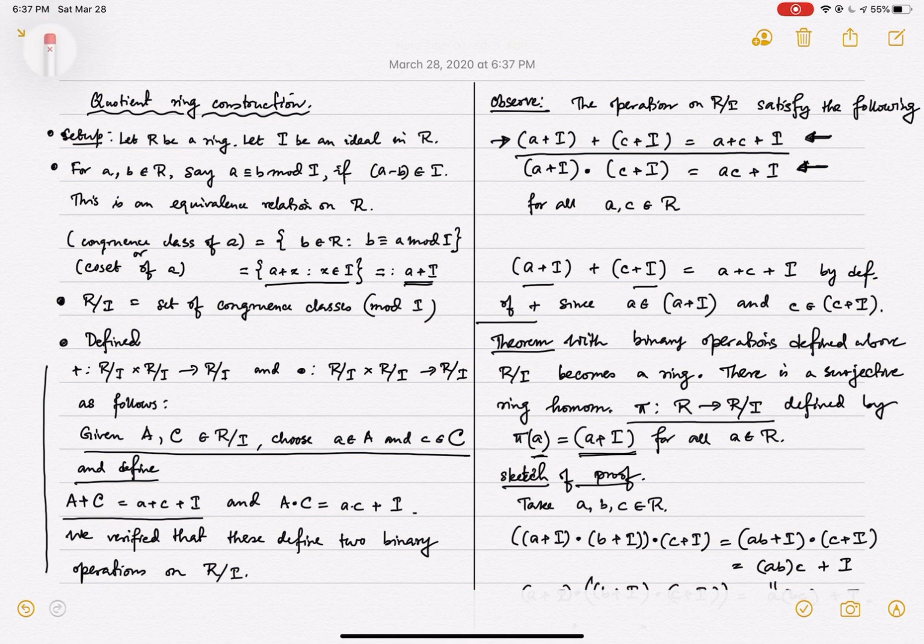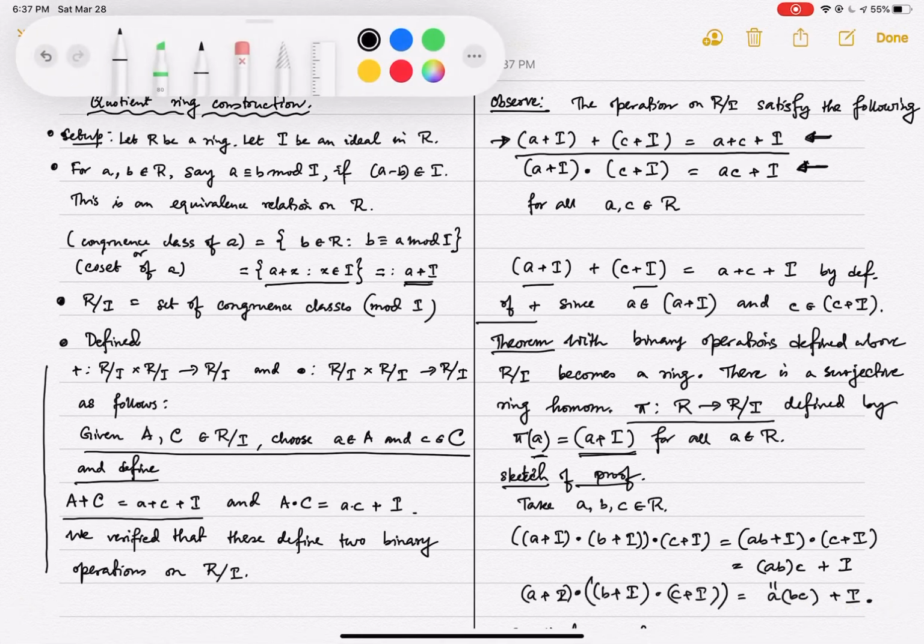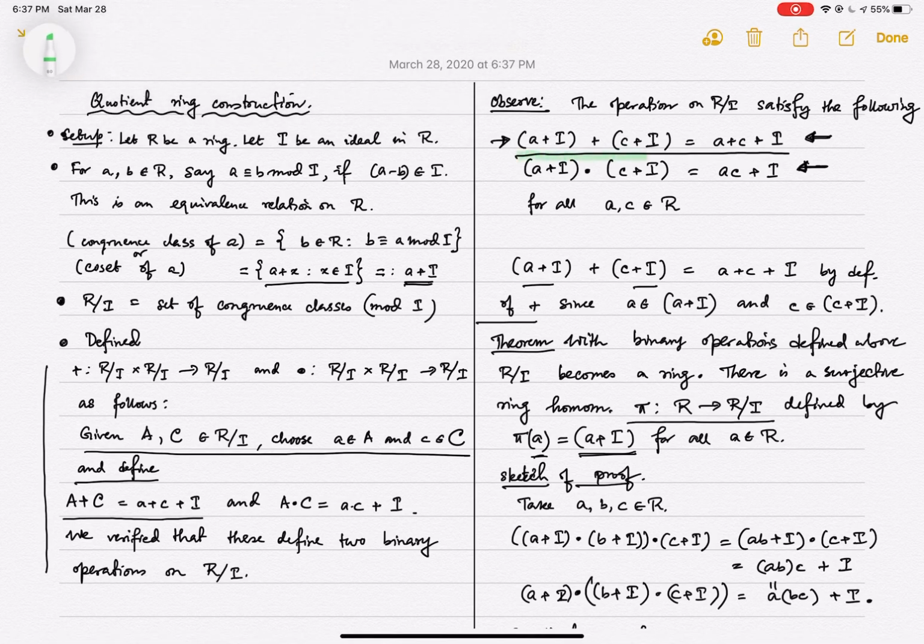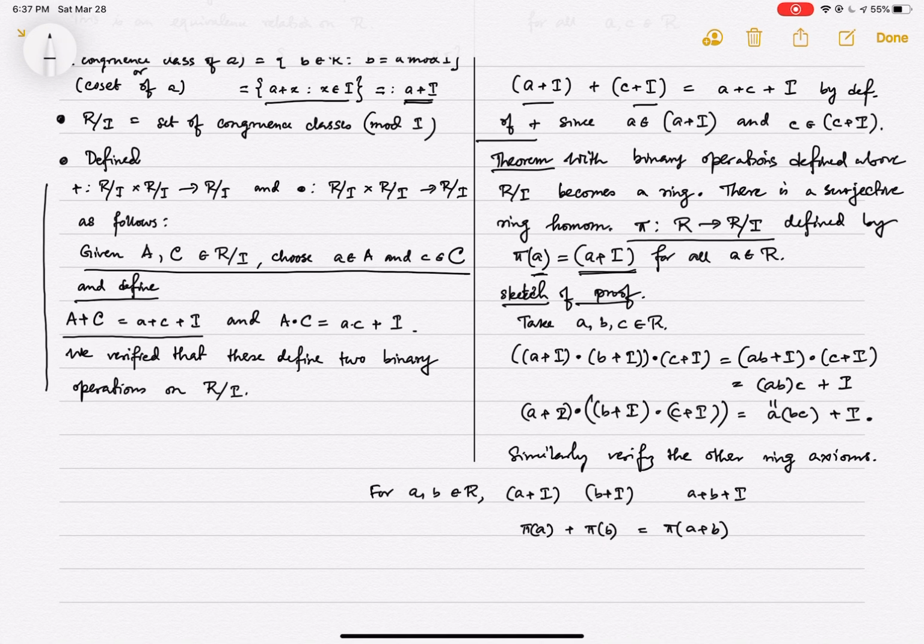I'll underline it again in case you missed it. Right here. Coset of a plus coset of c is just coset of a plus c. So coset of a plus coset of b is just coset of a plus b. But that exactly says pi of a plus pi of b is pi of a plus b. And similarly for the product.